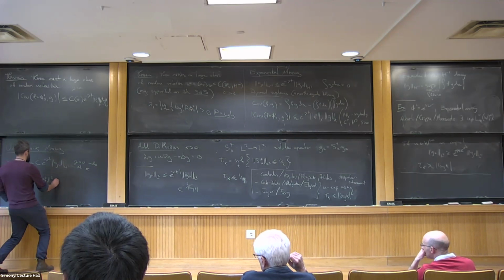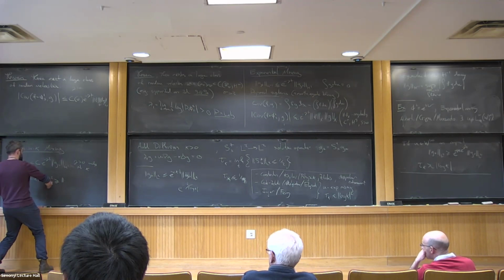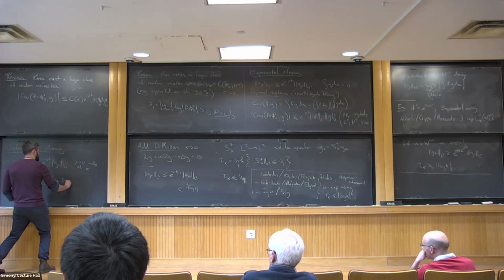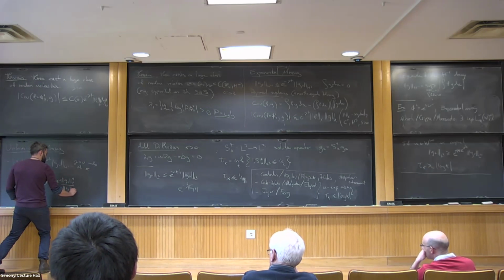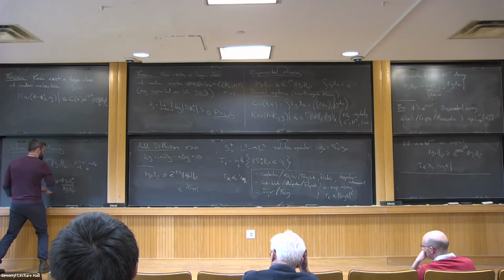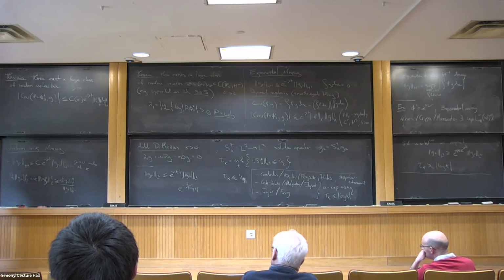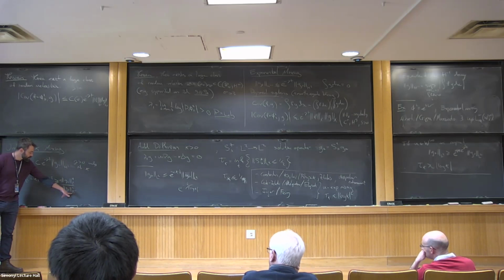So this thing is greater than or equal to... Okay. And so now what we see is that this thing is decaying exponentially in a way that's uniform in kappa.